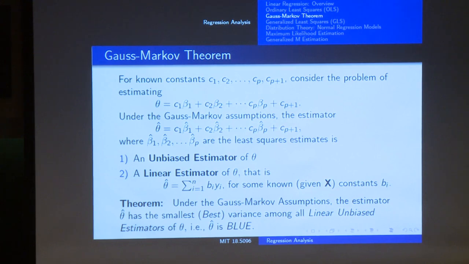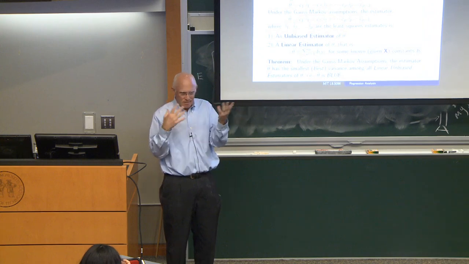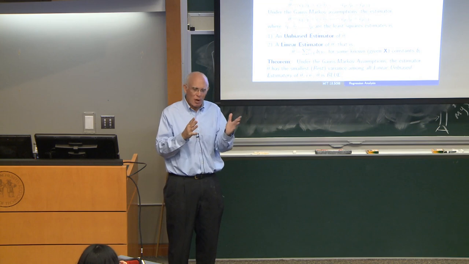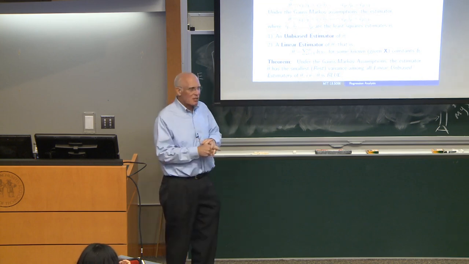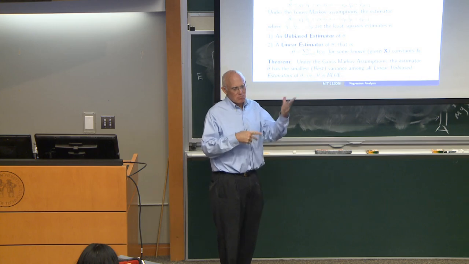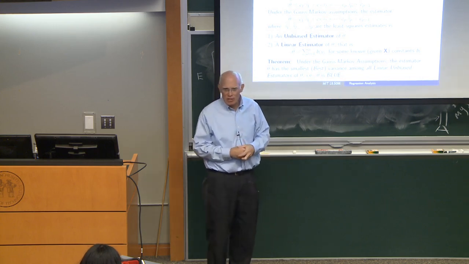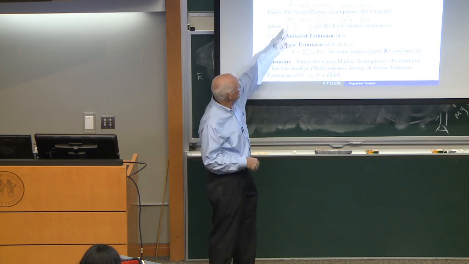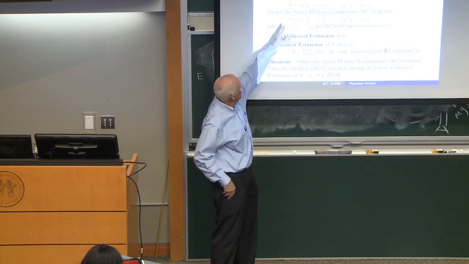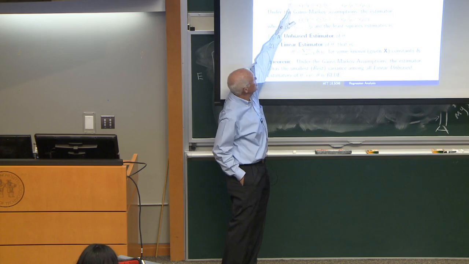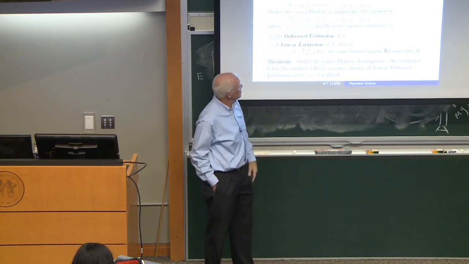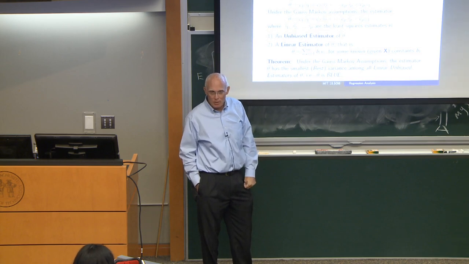To set this theorem up, we want to think about trying to estimate some function of the regression parameters. Our problem with ordinary least squares was how to specify the regression parameters beta 1 through beta p. Let's consider a general quantity of interest, which is a linear combination of the betas. So we want to predict a parameter theta, which is some linear combination of the regression parameters.